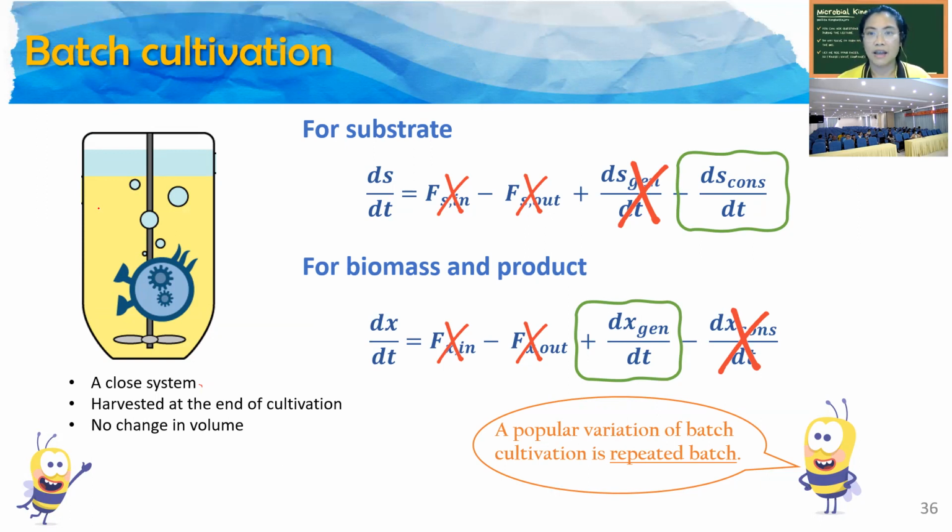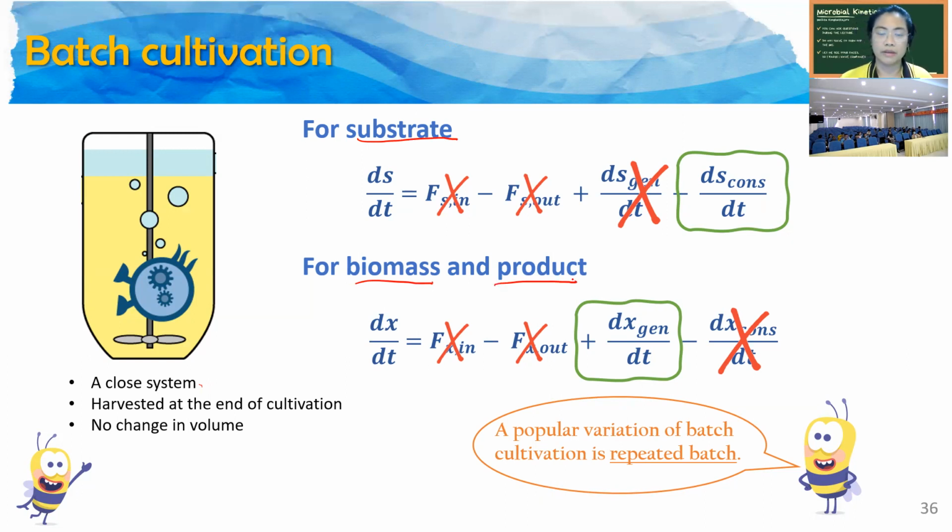Since it's a closed system, nothing goes in, nothing comes out, there is no change in volume. The mass balance for batch cultivation can be done for all the kinetics that we are interested in: for substrate, for biomass, and for product as well.